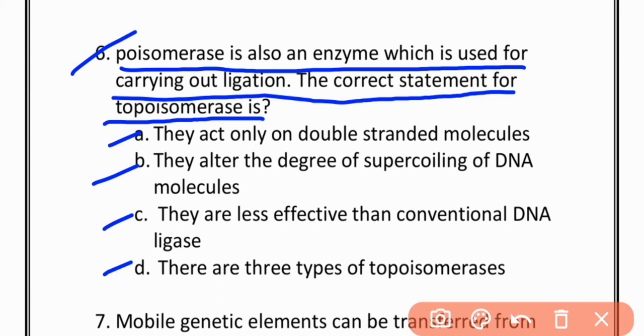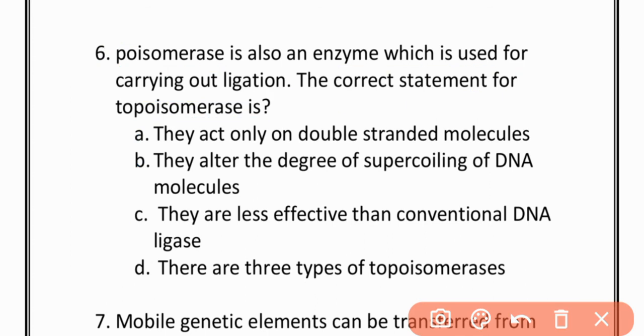The correct option is option B. They alter the degree of supercoiling of DNA molecules.